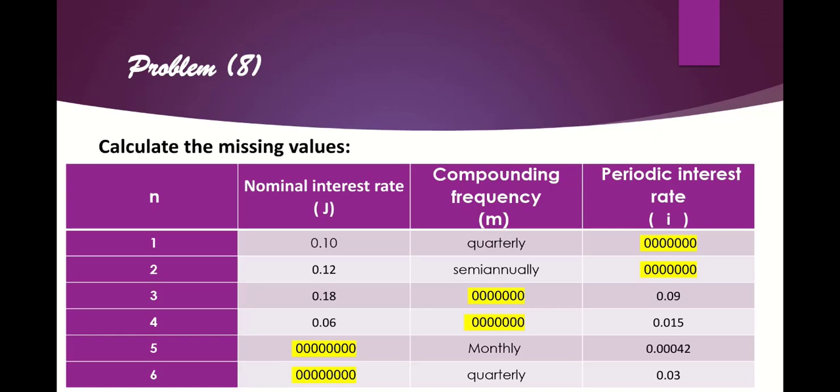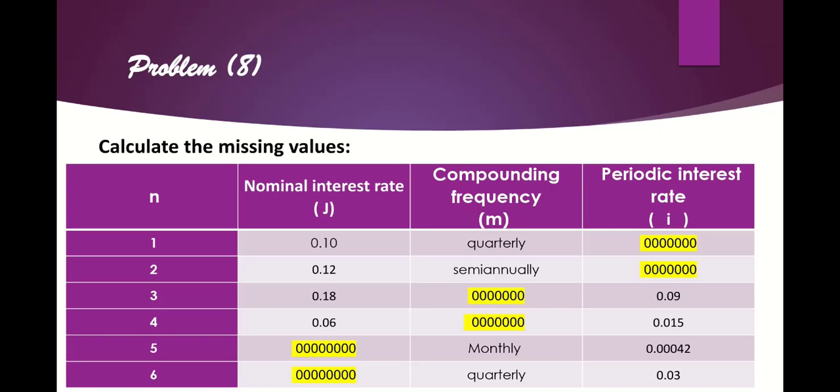And for number 3 and 4, we need to calculate M. M equals J over I. So for number 3, M will be equal to 18% over 9%. And for number 4, M will be equal to 6% over 1.5%.